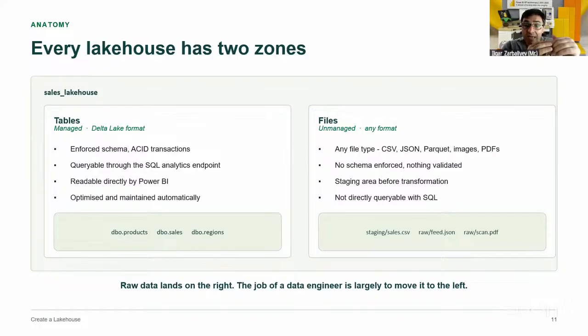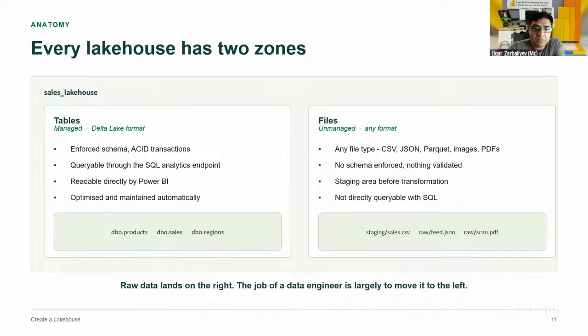So what is Files actually for? Two things. It's a landing zone. Raw data arrives there and gets processed onwards. And it's your archive. You keep the originals for compliance, and so you can reprocess when you discover your transformation logic had a bug in it, which it will.